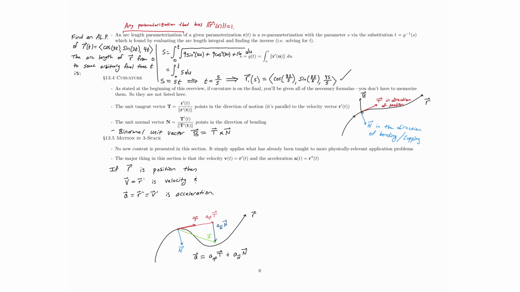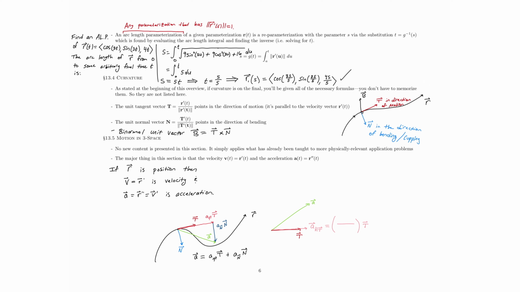If we have our acceleration vector A, and we have our unit tangent vector, capital T, if I project this down onto this vector, then we're going to get a vector like this. So that's A parallel to T.